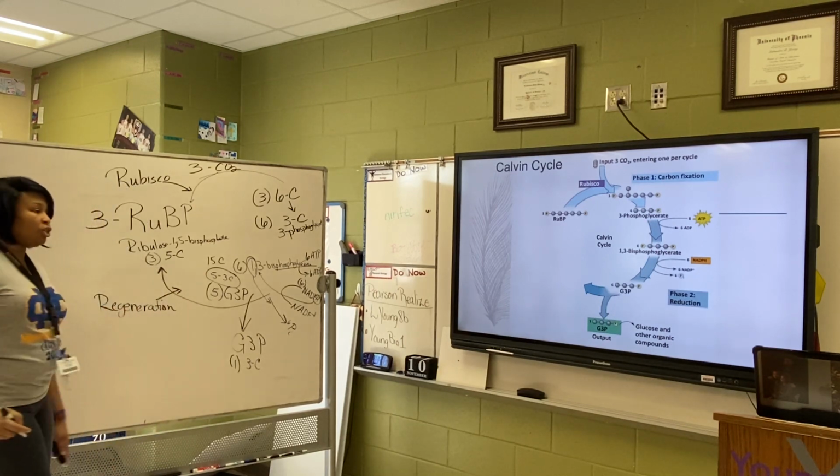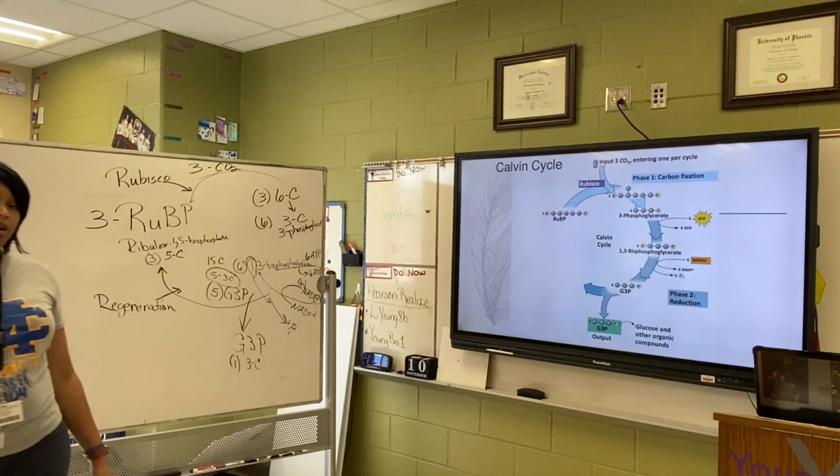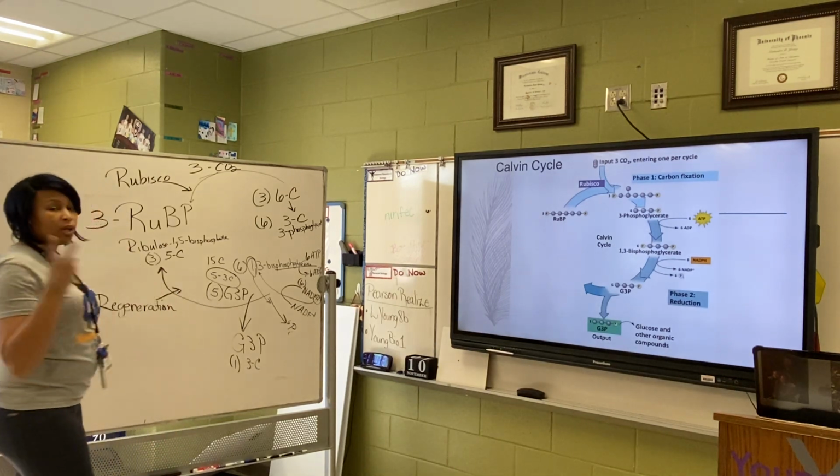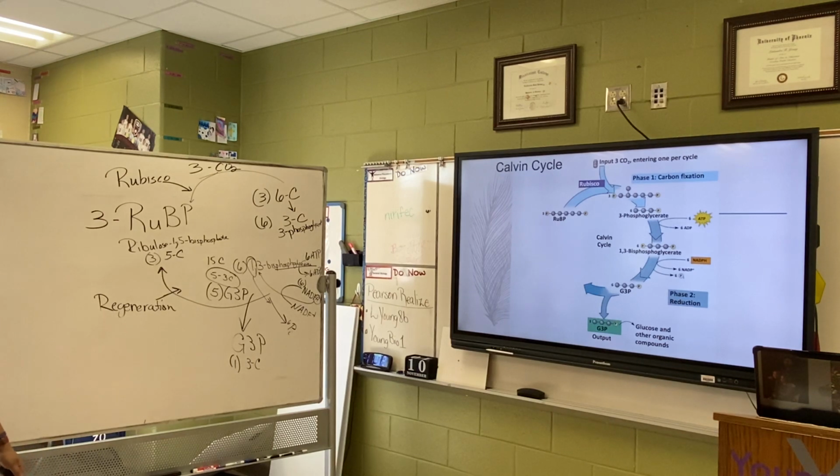All right. Now G3P, glyceraldehyde 3-phosphate, though, only has 1 phosphate group on it. Our RuBP has 2 phosphate groups because it's ribulose 1,5-bisphosphate, right?